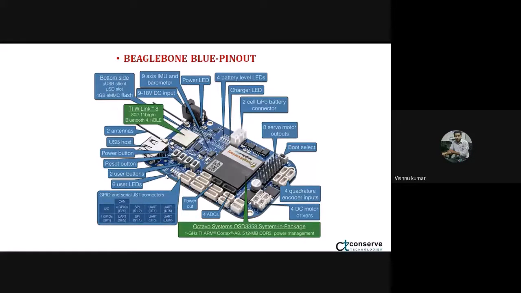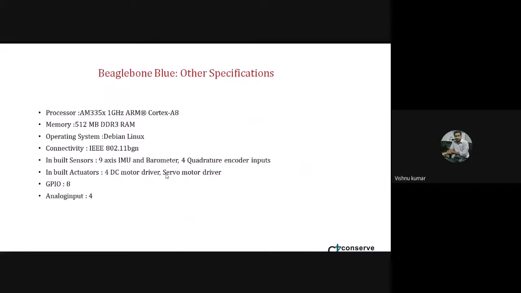I'm not going into detail on that. Next is the processor specification. It is an ARM Cortex-A8 processor with 512 MB DDR3 RAM. It also uses Debian Linux, and connectivity is IEEE 802.11 b/g/n Wi-Fi.